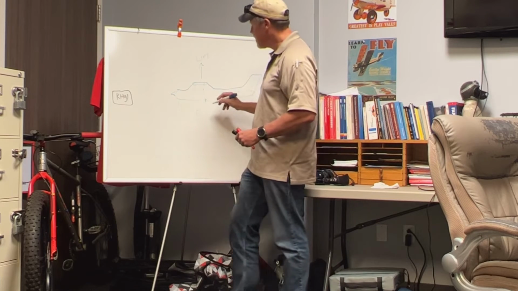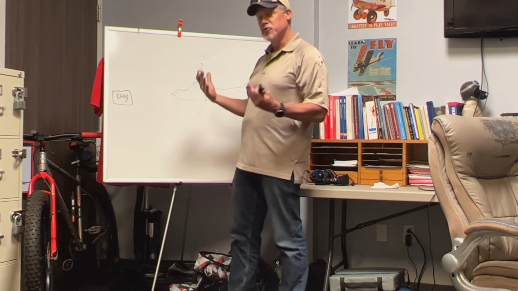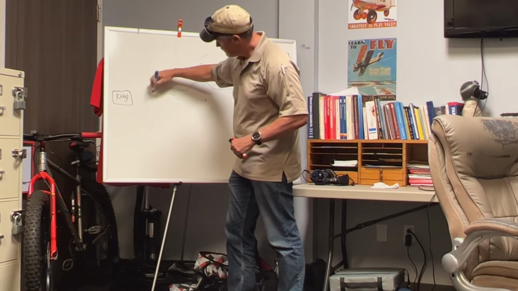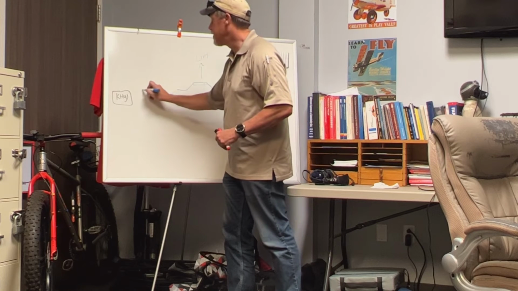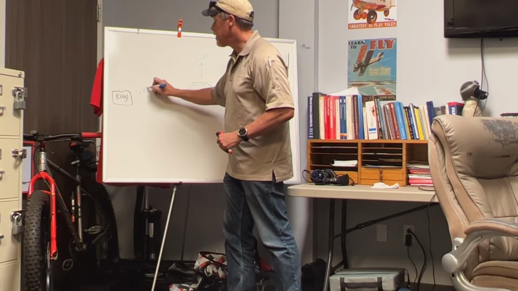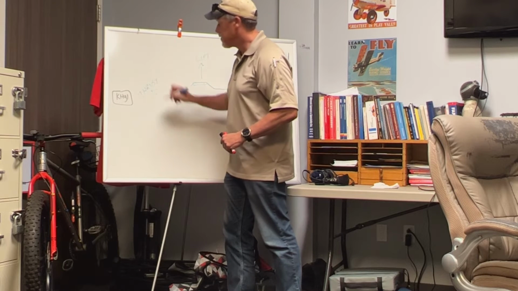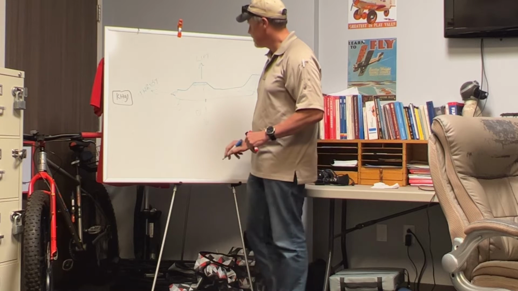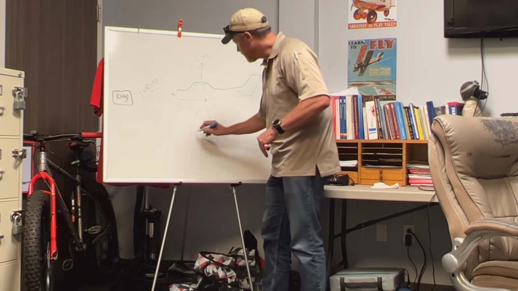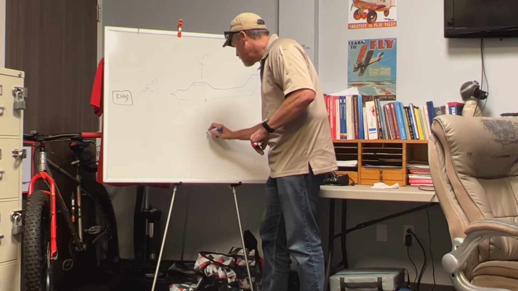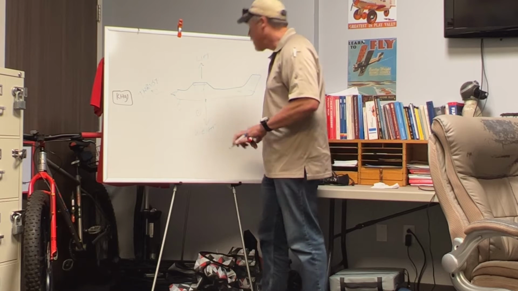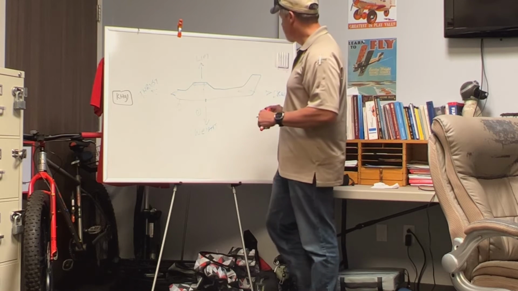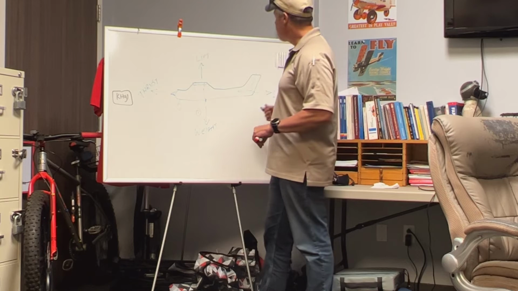We have some of our students' favorite one. We have thrust, and then of course opposing lift, we have gravity's effect and weight. So those are our four forces of flight.